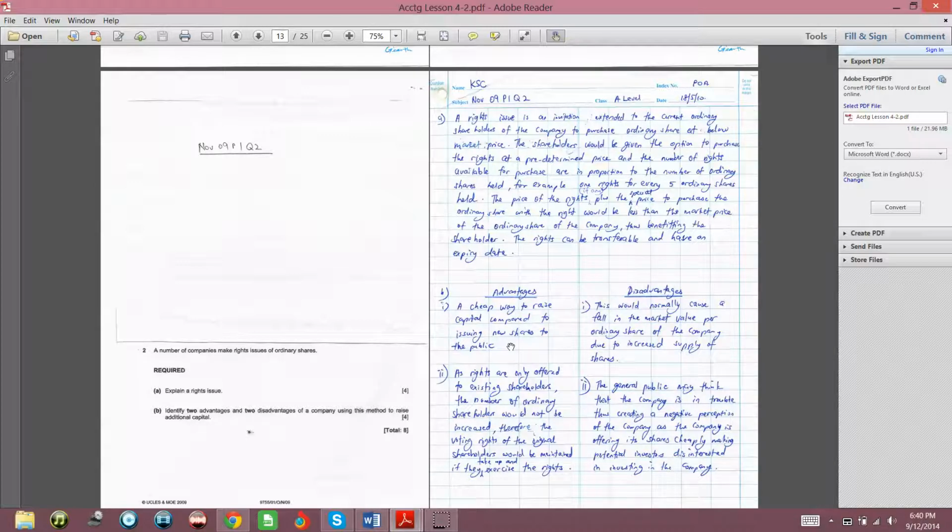So in order to issue new shares to the public, the public listed company should advertise in some of the main official newspapers the information about the company.